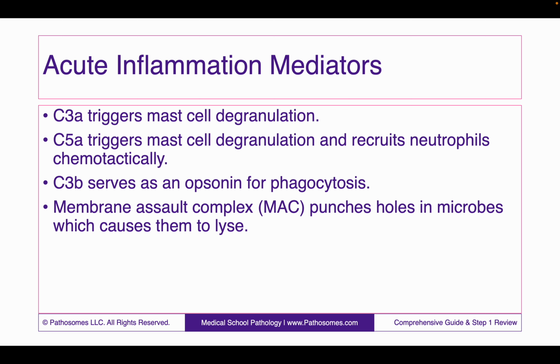C5a triggers mast cell degranulation and recruits neutrophils chemotactically. And C3b serves as an opsonin for phagocytosis. And the membrane attack complex attacks microbes, punches little holes in them, which causes them to lyse. Don't mess with the membrane attack complex.